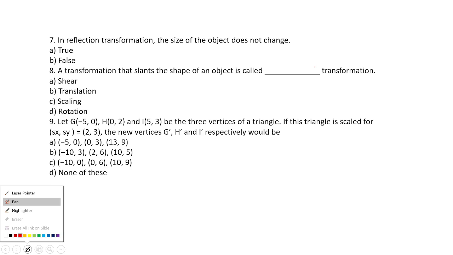Does the size of the object change in reflection or not? What will be the correct option? It is true, right? Obviously the size of the object will not change. It just gets mirrored, but the size will not change, right? It will function like a mirror.